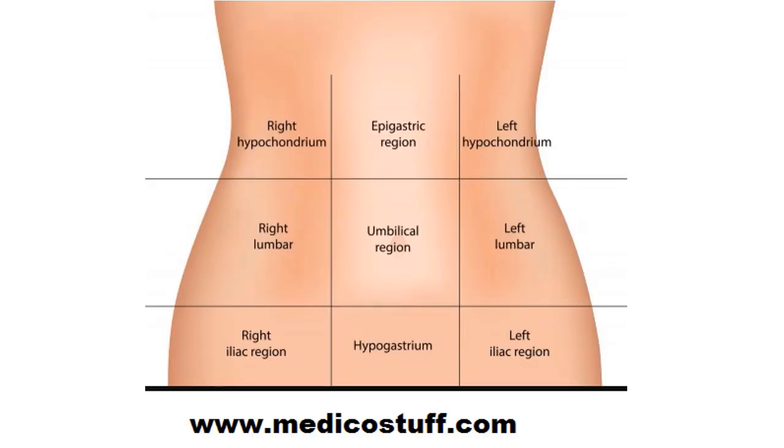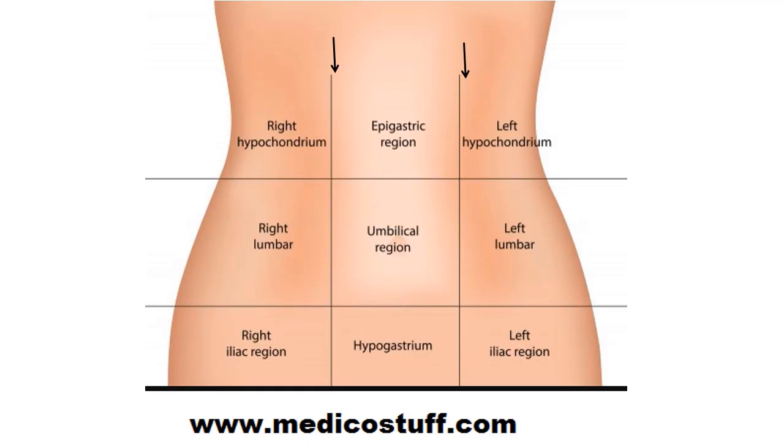Now we will be more specific in palpating the abdominal organs. So we are going to divide the anterior abdominal wall into 9 regions. These 9 regions are going to be divided by 2 vertical lines coming from the middle of the clavicle going down.